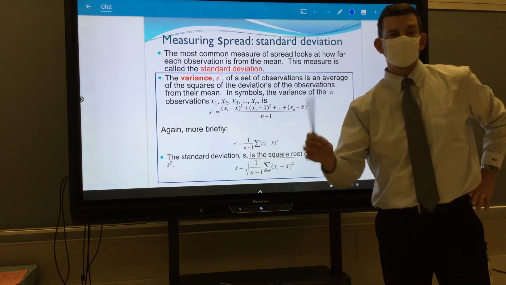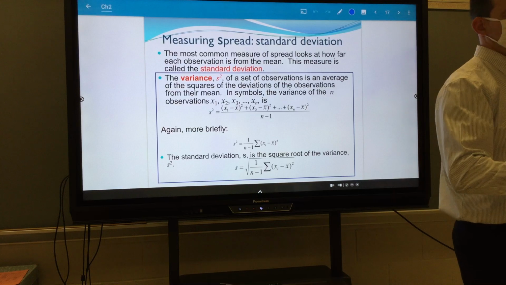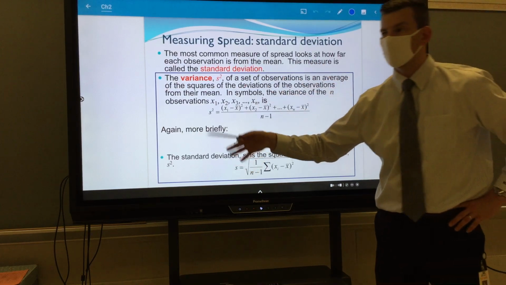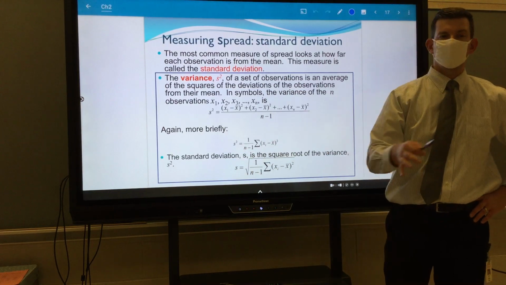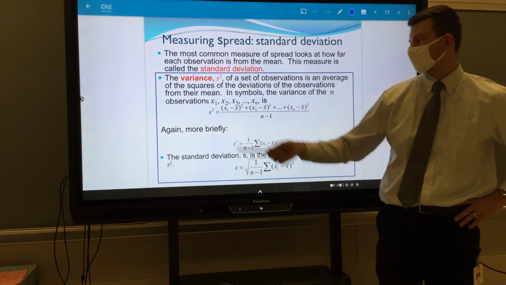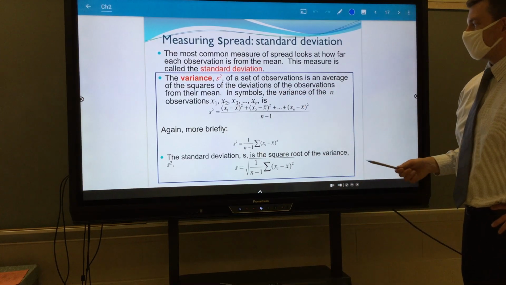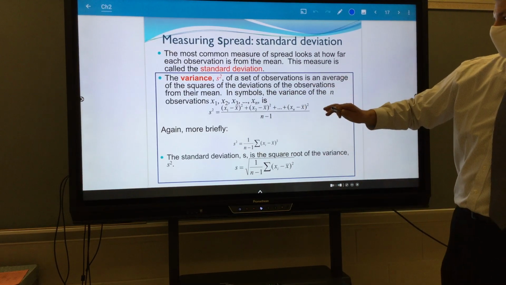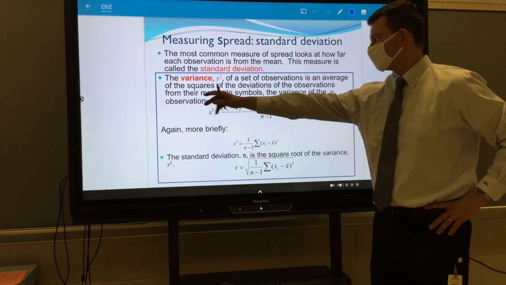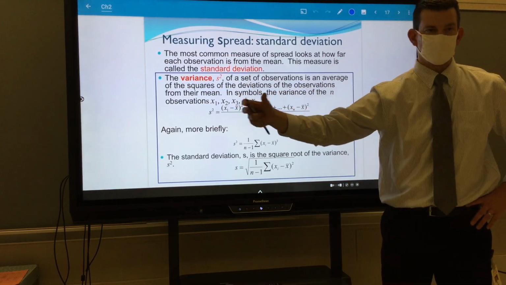Now, to calculate standard deviation by hand, not something that you will have to do, but as I said, I want to show you how it's done so you get an idea of what it represents. Now, the standard deviation and the variance are two measures that go off of each other. The variance is the standard deviation squared.